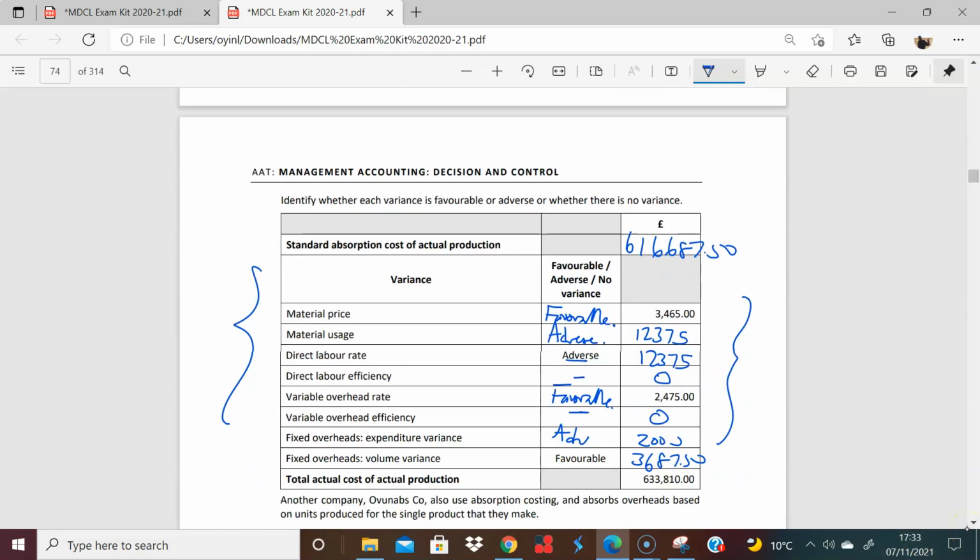And then you do all that, and that should all nicely work. Remember that favorable variances are reducing the cost, and adverse variances are increasing it. And if you add all that, you should get that answer over there.